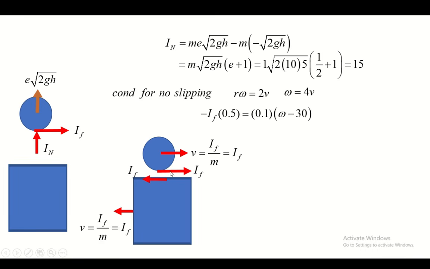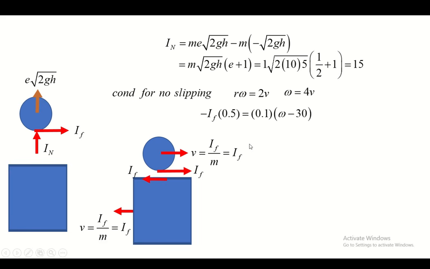Now, the impulse of friction is force of friction into time. If you multiply by radius, it becomes torque into time, and torque into time is change in angular momentum. This IF will make a torque in the anti-clockwise direction.